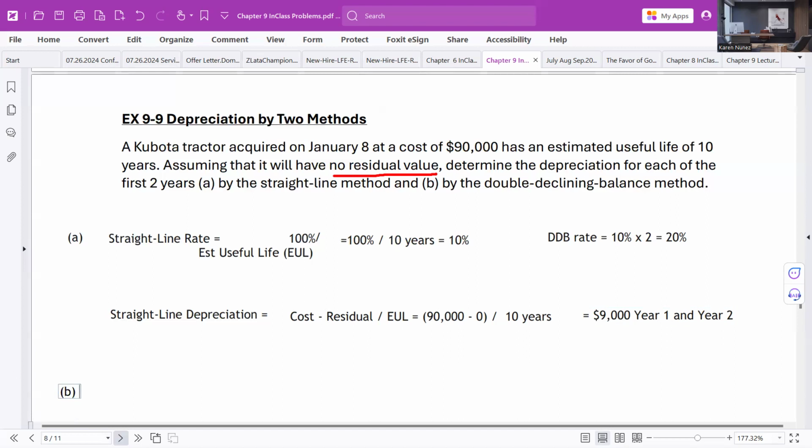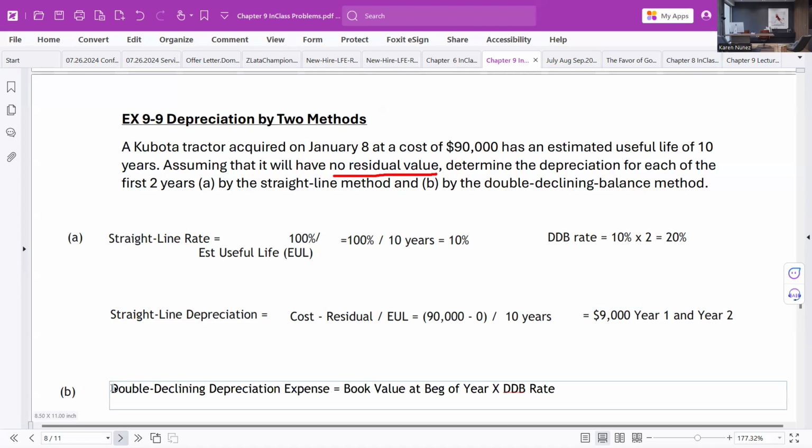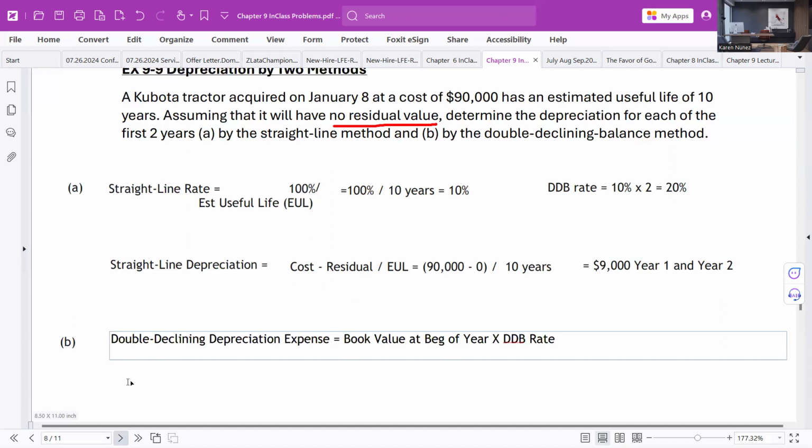Well, DDB depreciation, remember, and we've already got the rate. That straight line rate of 10% times 2 is 20%. So that means the DDB depreciation needs to be the book value at the beginning of the year times the DDB rate. So let's go with year 1 first.